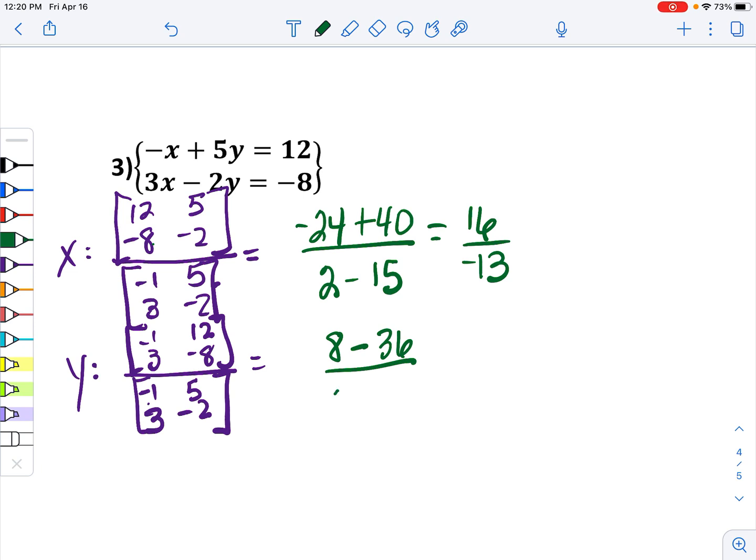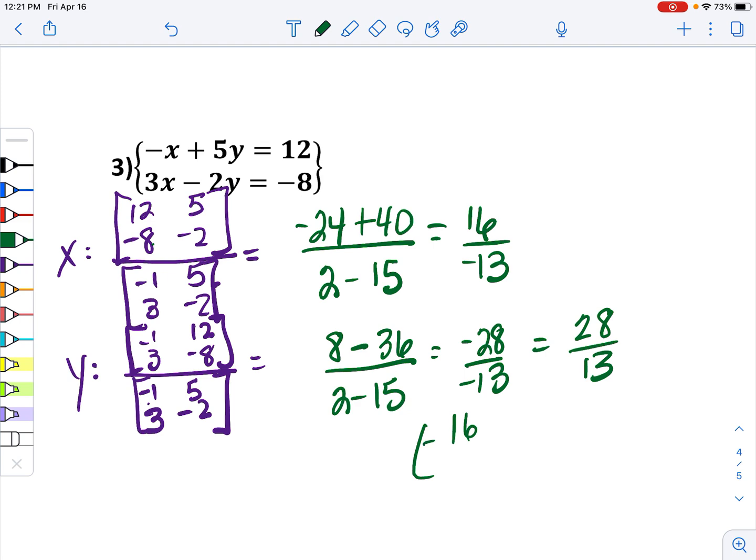On the bottom, I have 2 minus 15 again. 8 minus 36 is a negative 28. 2 minus 15 is negative 13. So I have a positive 28 over 13. So my answer is negative 16 over 13, comma, 28 over 13. And that's solving using Cramer's rule.